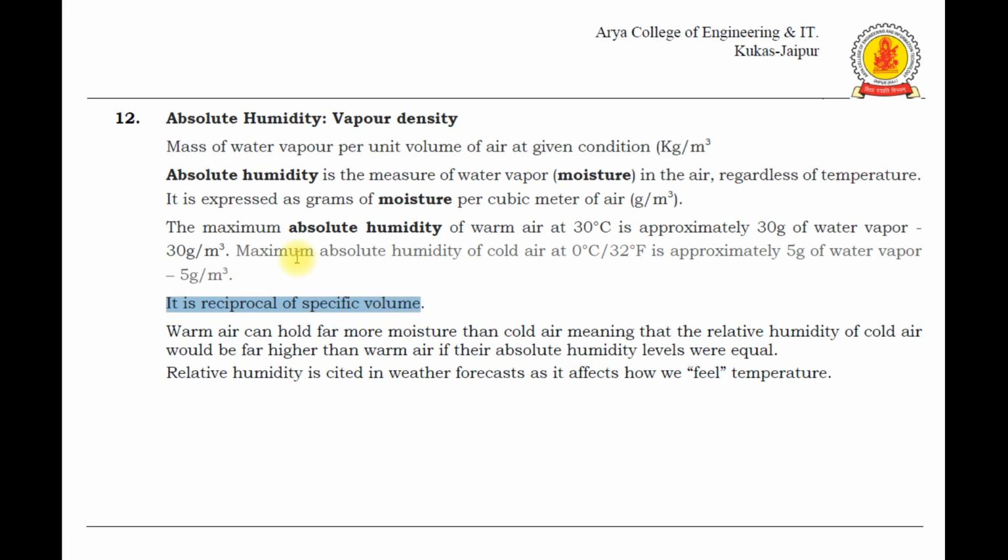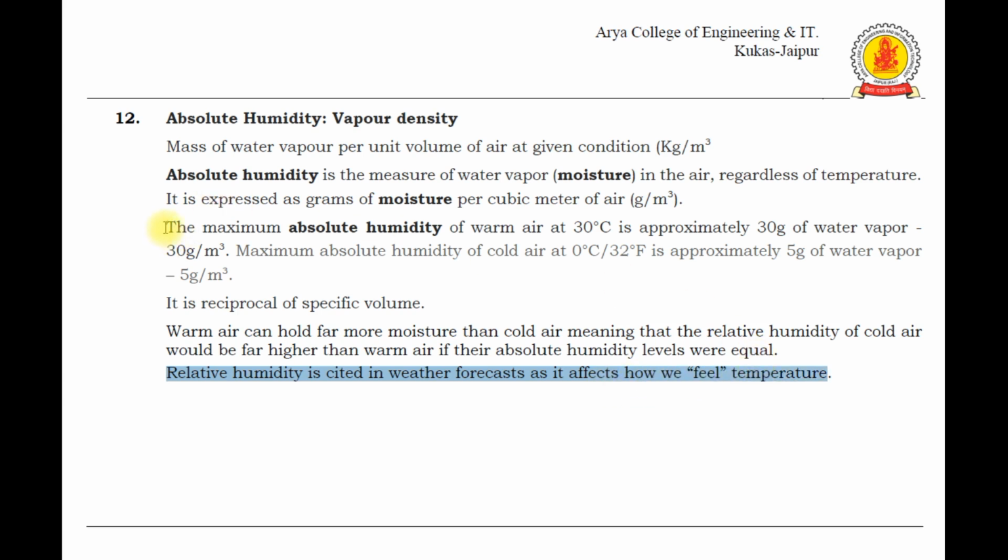We know physics. Okay. Now warm air can hold far more moisture than cold air, meaning that the relative humidity of cold air would be far higher. Relative humidity is cited in weather forecasts as it affects how we feel the temperature.